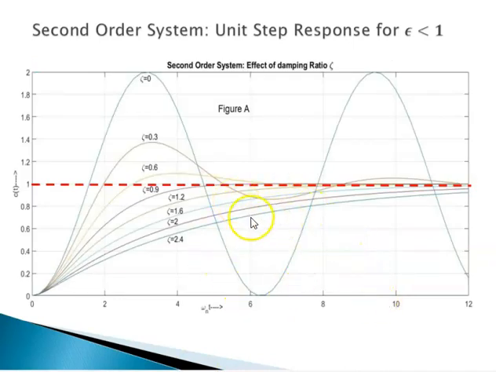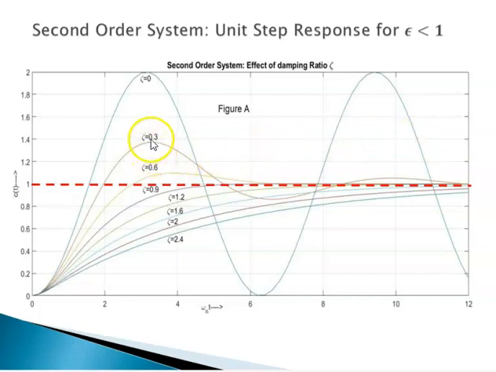This plot shows the response of a second order system subjected to a unit step input. We have shown several damping ratios. This is damping ratio 0, and for 0.3, 0.6, 0.9, 1.2, 1.6, and 2, 2.4, and so on. As we have discussed, when epsilon is equal to 0, you get a cosine oscillation.